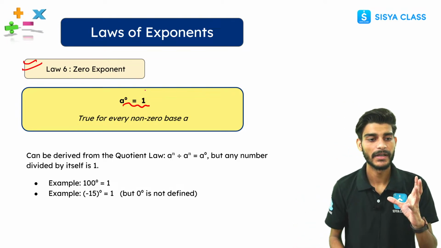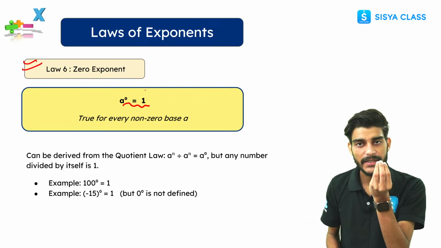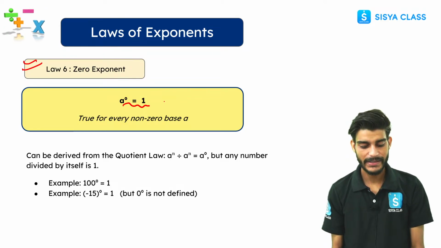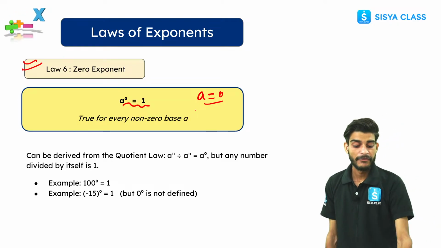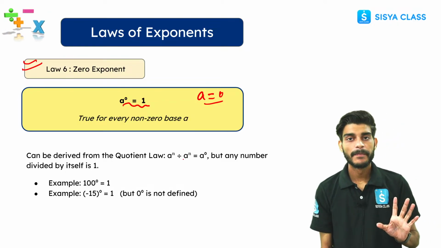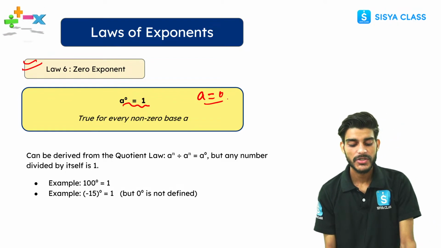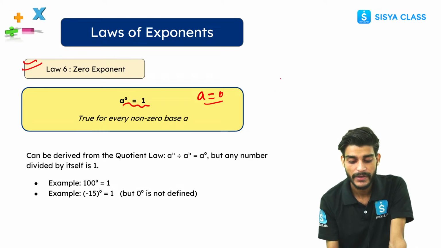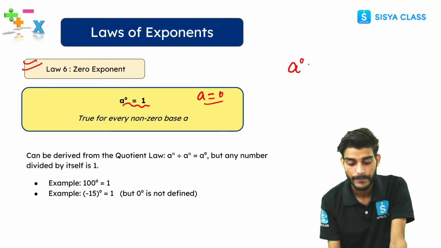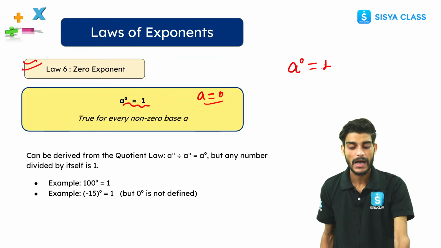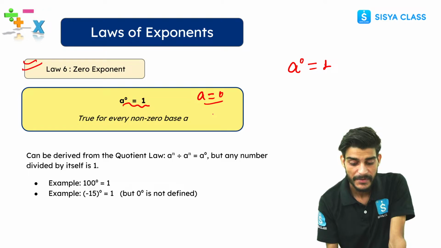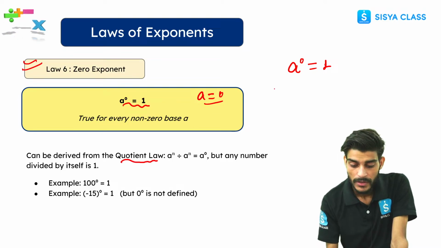Take any number except 0. You cannot take a equal to 0. Why? I'll tell you. Firstly, take any non-zero number and take the power equal to 0. It will always be 1. So this is what the zero exponent says. How does it come from the quotient law?